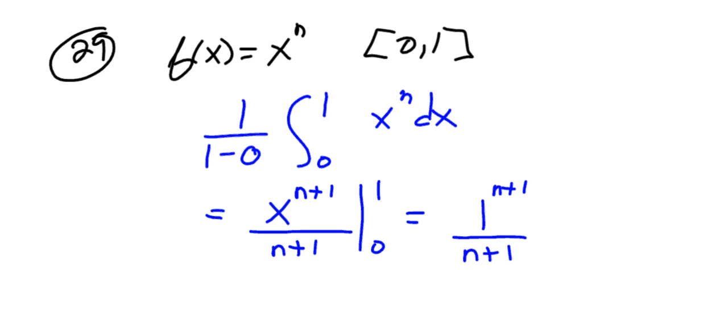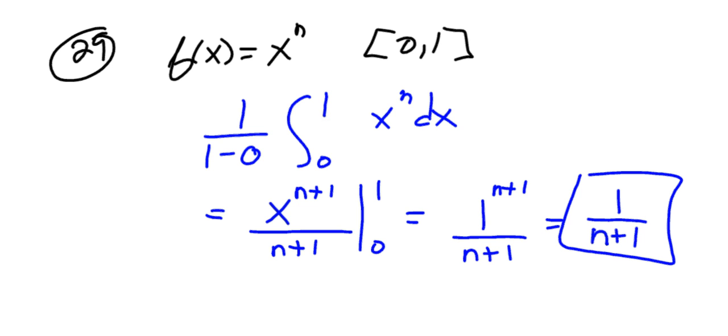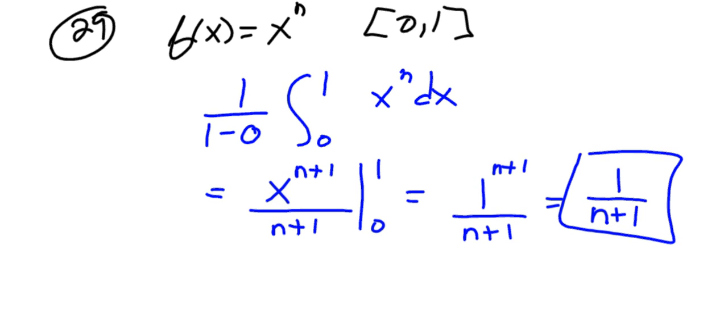But then what about this notation? Since it's 1, my exponent, no matter what n I plug in, it's always going to be 1. 1 to any power is 1. So I can rewrite this as just 1 over n plus 1. And that is our answer for the average value of this one.